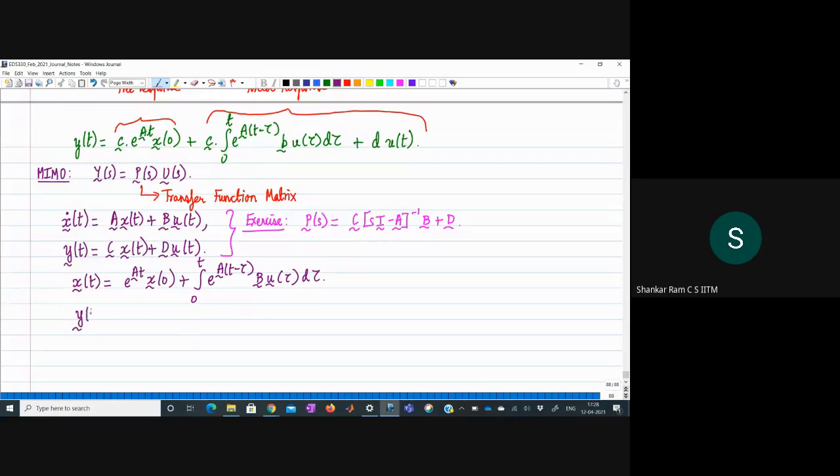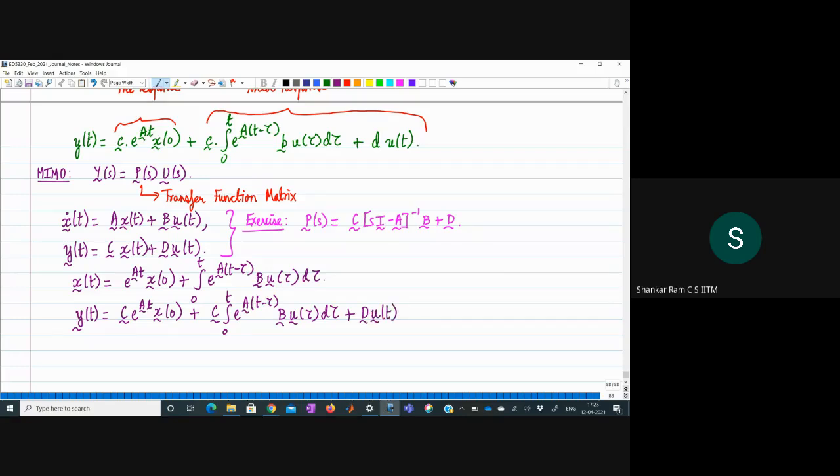Similarly, the output vector y of t, which is Cx plus Du, will be C e to the power At x of 0 plus C times the integral from 0 to t of e to the power A(t minus tau) B u(tau) d tau, plus Du.